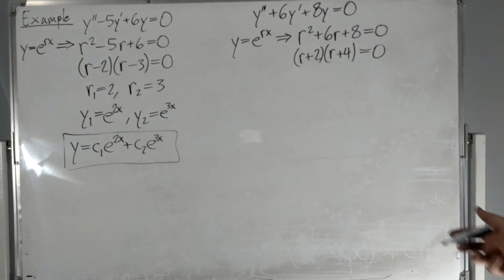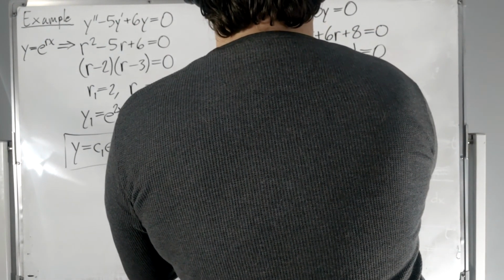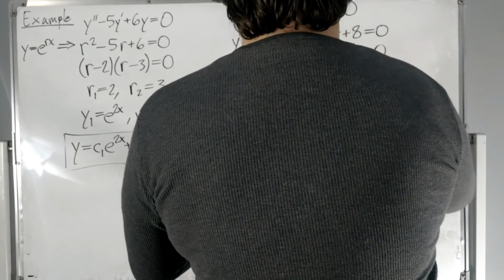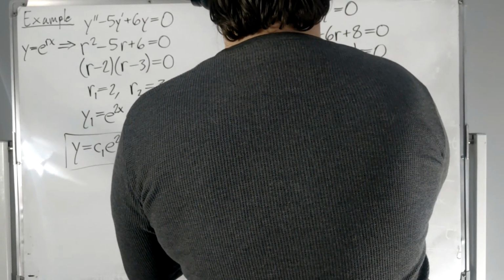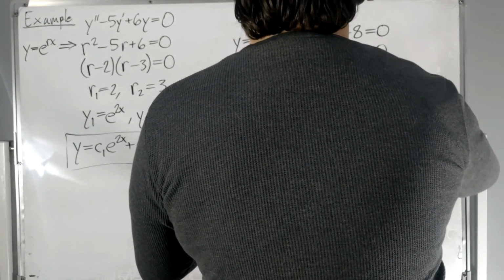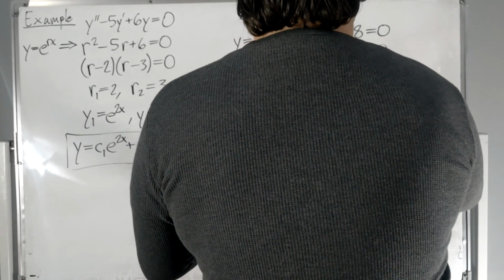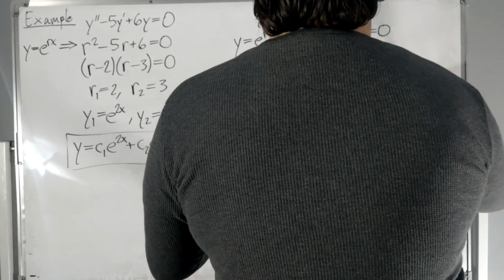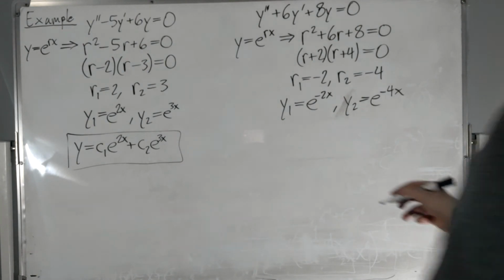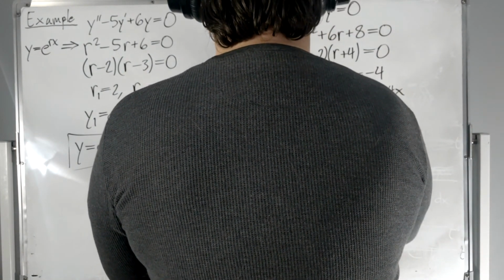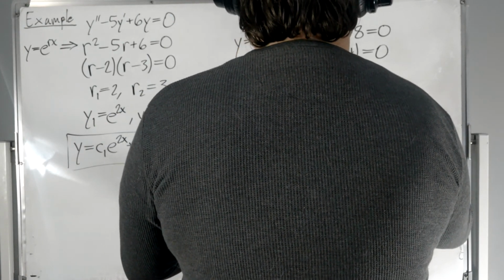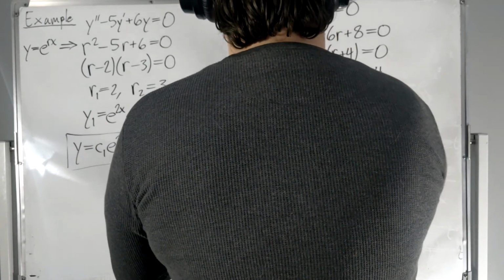That gives us two different roots, r1, which is negative 2, and r2, which is negative 4. That gives us two distinct solutions, e to the negative 2x and e to the negative 4x. And then those two are linearly independent, so the general solution is c1 e to the negative 2x plus c2 e to the negative 4x, and that is that.